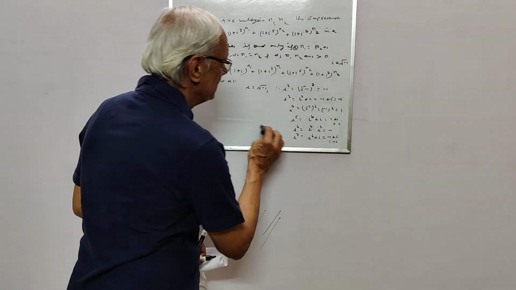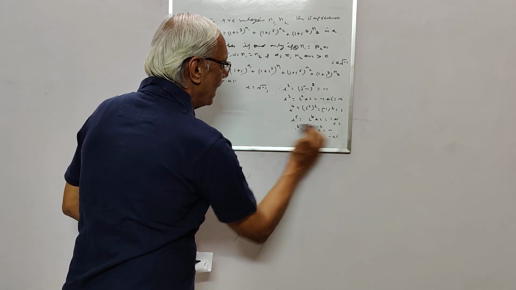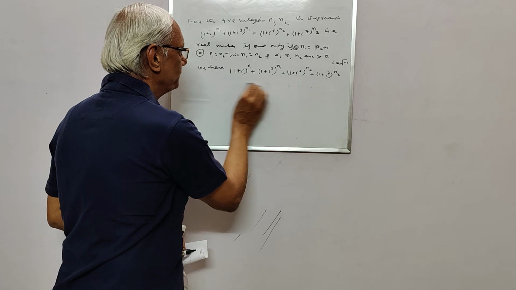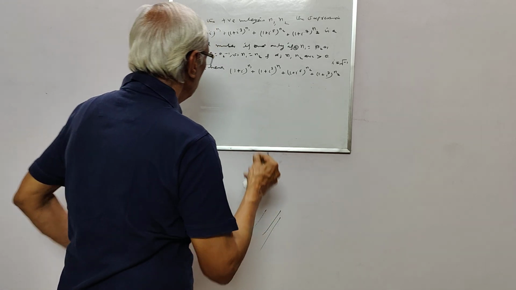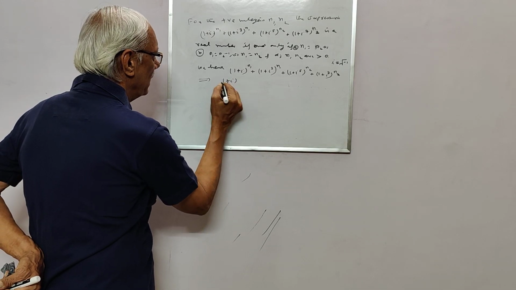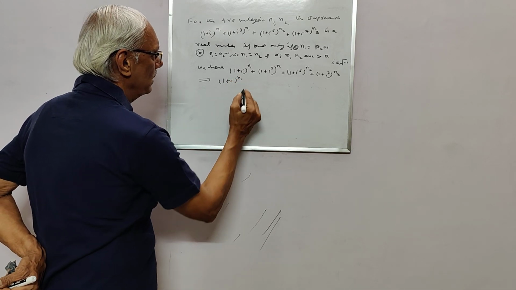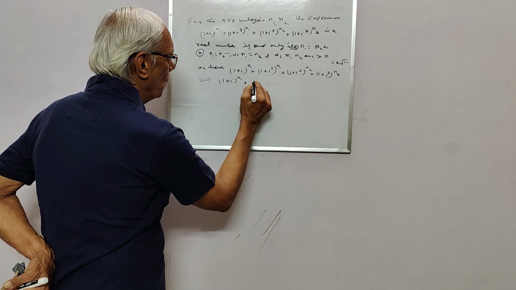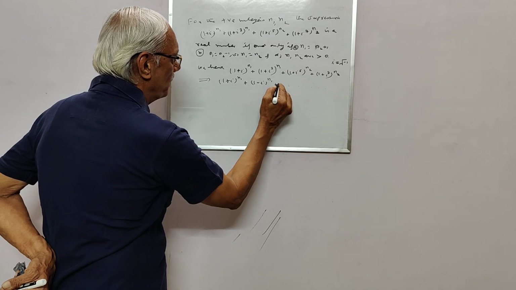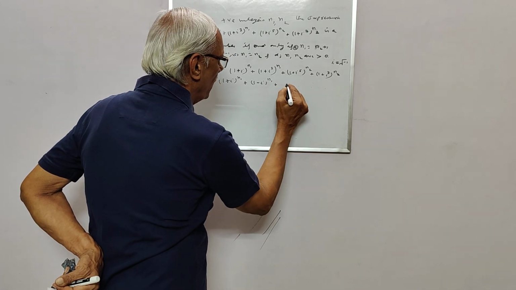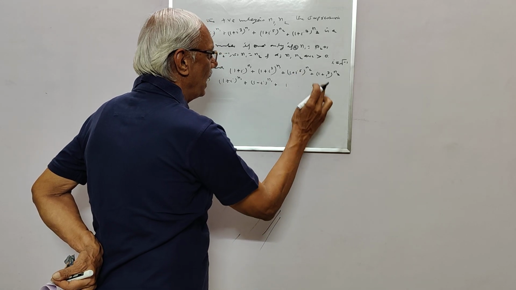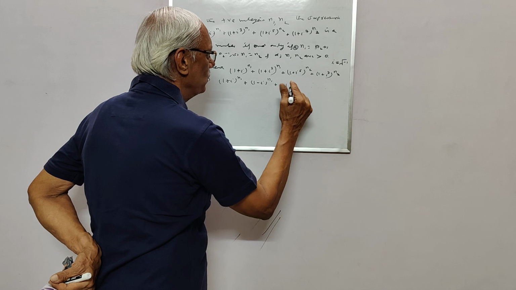Now let me replace this. Having this knowledge, I can put it in this form. So this becomes 1 plus i whole to the power of n1 plus 1 minus i, because i cubed is minus i, and 1 plus i to the power of 5, which is i to the power of 4 into i, is i.